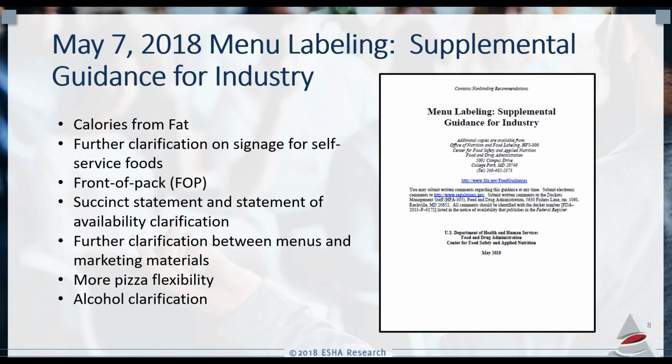Some of the key points from this supplemental guidance include calories from fat, examples of self-service signage, front-of-pack calories declaration for grab-and-go items, succinct statement and statement of availability clarification, further designation between menus and marketing materials, specific points on pizza, and more comments on alcohol.